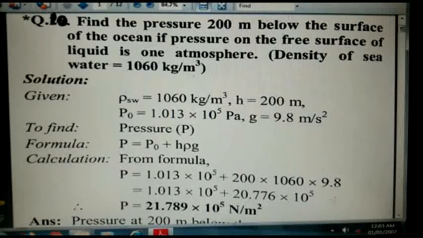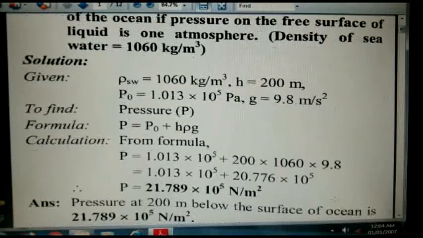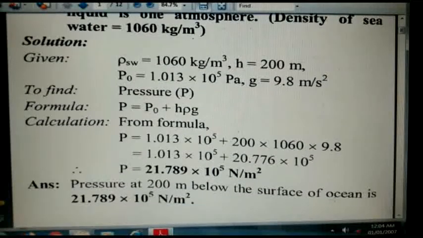So when we add 1.013 plus 20.776, we get pressure P equal to 21.789 into 10 to the power 5 Newton per meter square. So our answer: the pressure at 200 meter below the surface of the ocean is 21.789 into 10 to the power 5 Newton per meter square.